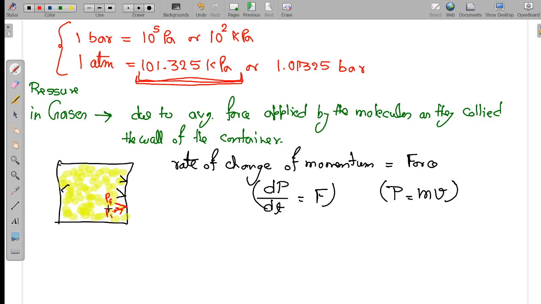Mass is constant, so there is a change of velocity. The change in momentum of the molecule will give a force to the wall. That force, or average force, because there are a number of molecules, per unit area of the wall is called pressure in case of gases.